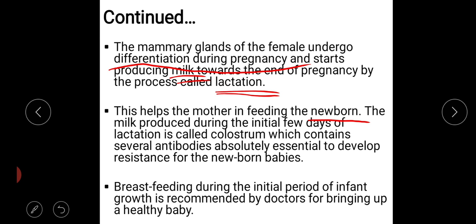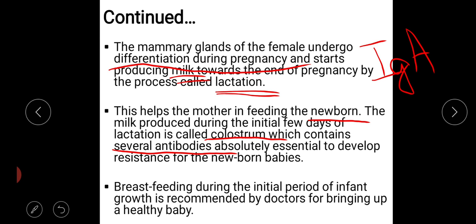The first milk of lactation is called colostrum. So students, colostrum is what? Colostrum is the first milk that is produced by the mother for the baby. It is yellowish in color, thick and rich, and it has what? It has several antibodies. Specifically, it has IgA.